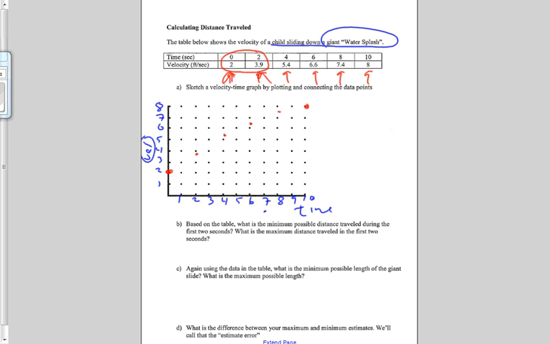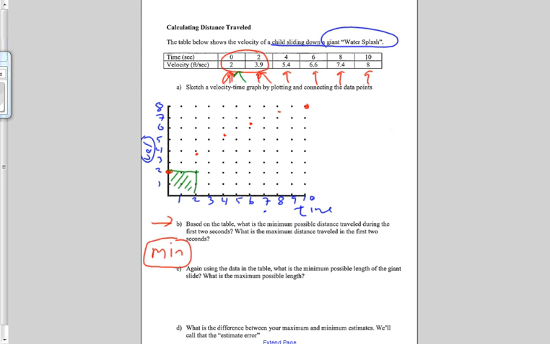So if we answer B, based on the table, what's the minimum possible distance traveled during the first 2 seconds? Well, the minimum possible distance, and here we make some assumptions, we would assume, and we'll draw it in green, that for almost the entire way, the kid was going 2 feet per second, the smaller of the two velocities.